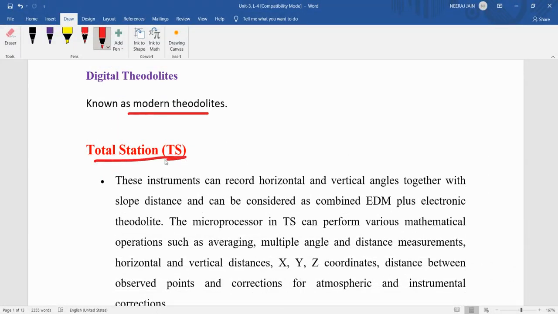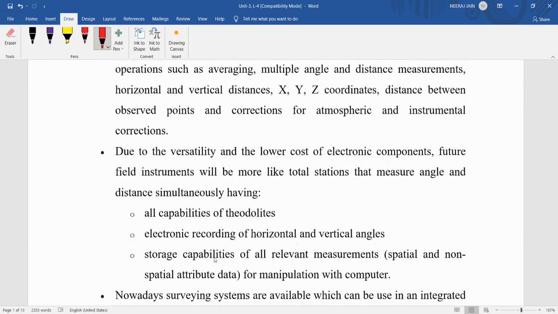The instrument can record horizontal and vertical angles together with the slope distance and can be considered as a combined EDM plus electronic theodolite. So we combine the electronic distance meter with the electronic theodolite. A microprocessor is also inbuilt with this.